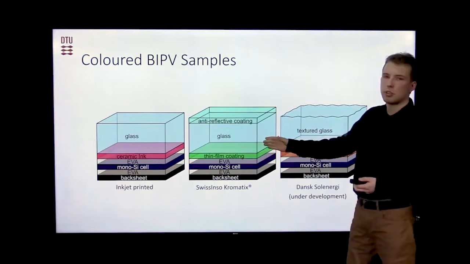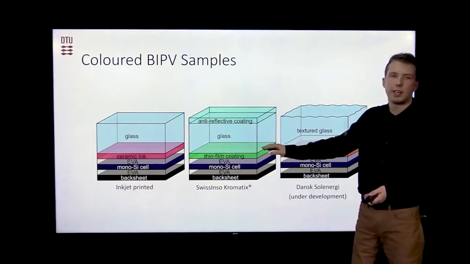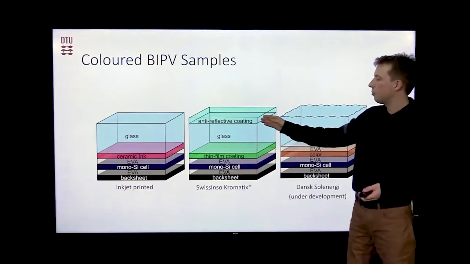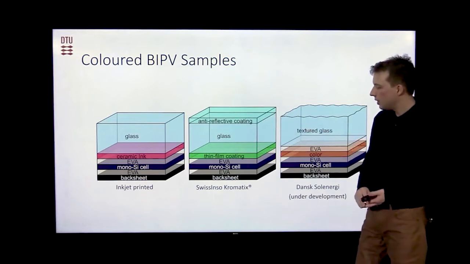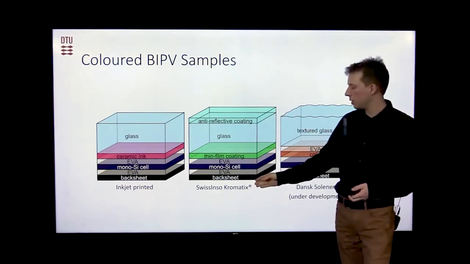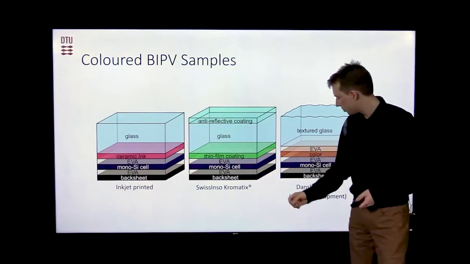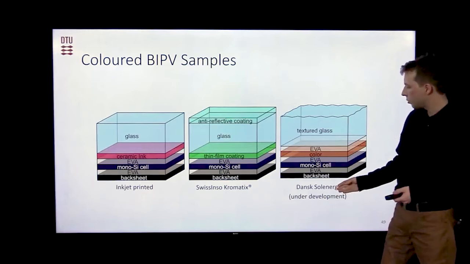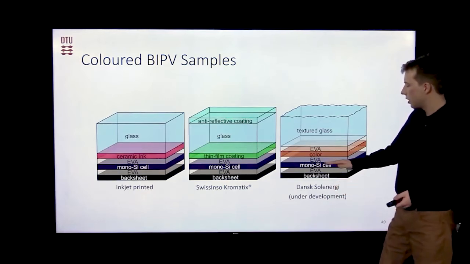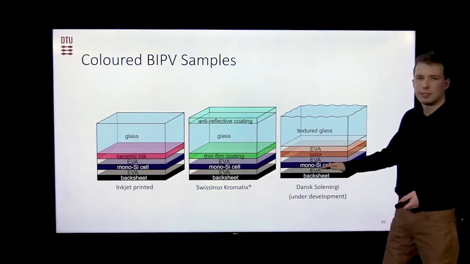Then we have these structural colors, which use a thin film interference coating on the inner side of the glass, as well as an anti-reflective coating or treatment which diffuses the light somewhat. These are the samples you might know from Chromatics and are also used in the Copenhagen International School. And finally, we have some experimental samples provided by Solenergie, which use a colored layer in the encapsulant between the surface glass and the cells.